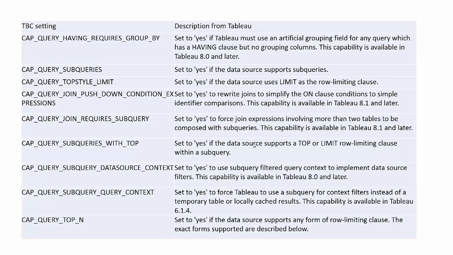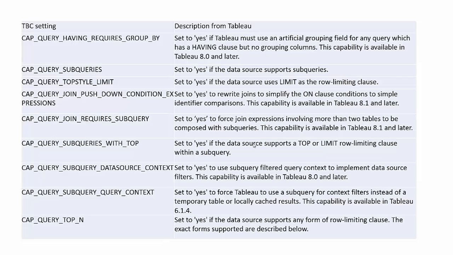The next one is for queries where subqueries can be used. And this will definitely help with the creation of any SQL where there are joins involved. The fact that queries can be limited to return a certain number of values, so it's just a top. This is where limit can definitely help.